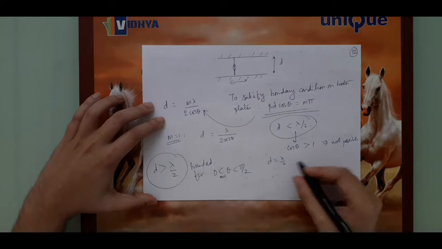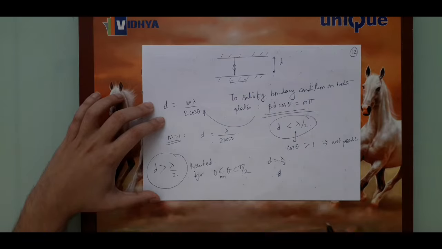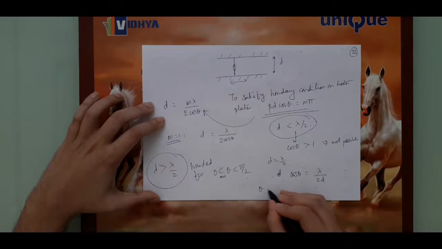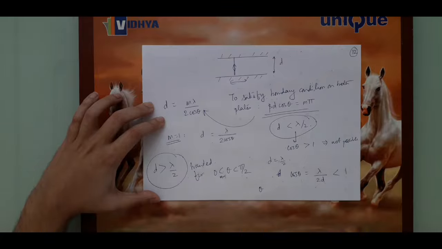So in that case, what do we want? We can only change theta. So cos theta is lambda by 2d. So for theta to be between 0 and pi by 2, this lambda by 2d should be less than 1.